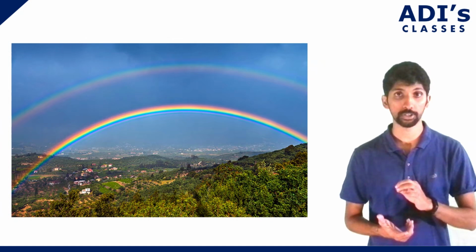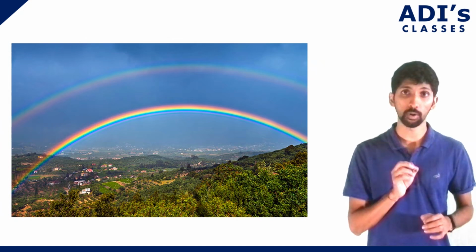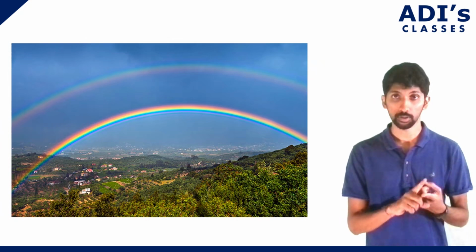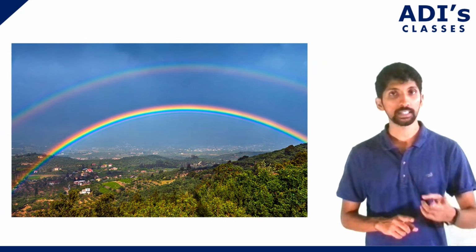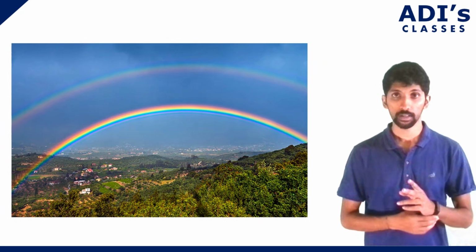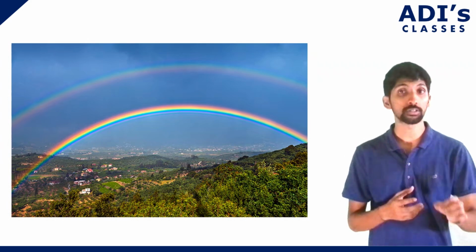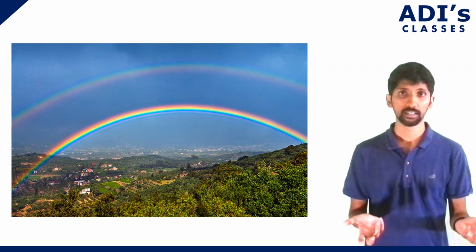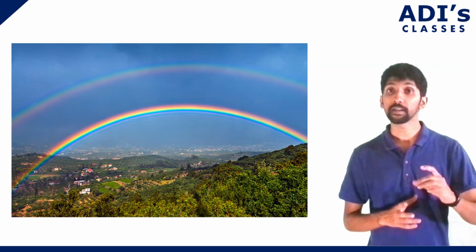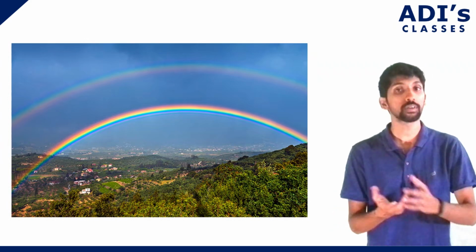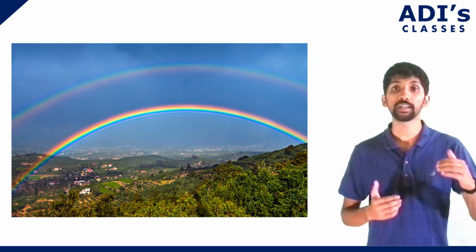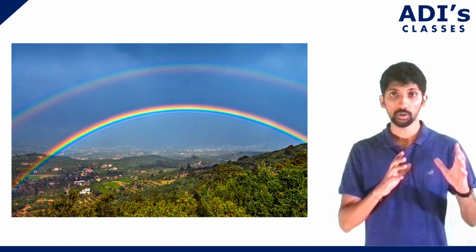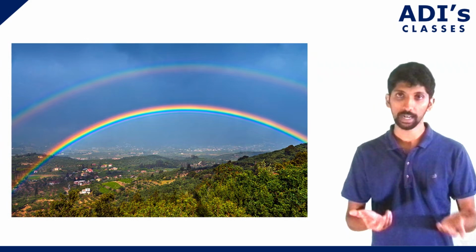So whenever there is a rainbow, two optical phenomena are happening: one is TIR, the total internal reflection, and another is dispersion of light. Also there is scattering of light, because light is being scattered here, correct? This is how a rainbow appears. So these are different examples of scattering.